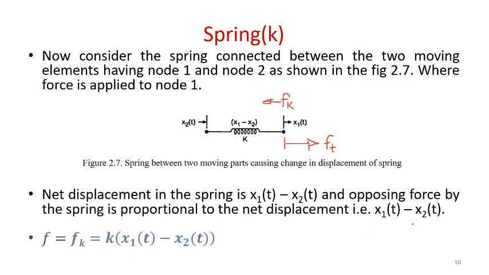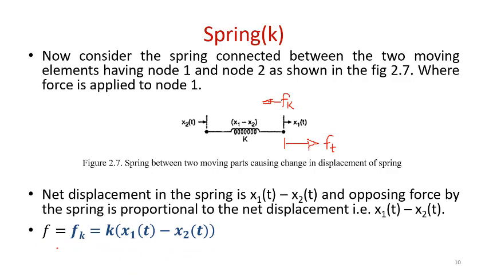Mathematically, F is the applied force and the restoring or reactive force F_k, which is in the opposite direction, is proportional to x1 of t minus x2 of t. When we remove the proportionality, we bring in the constant, the spring stiffness constant k, hence given as k into the difference, or net displacement, x1 of t minus x2 of t.